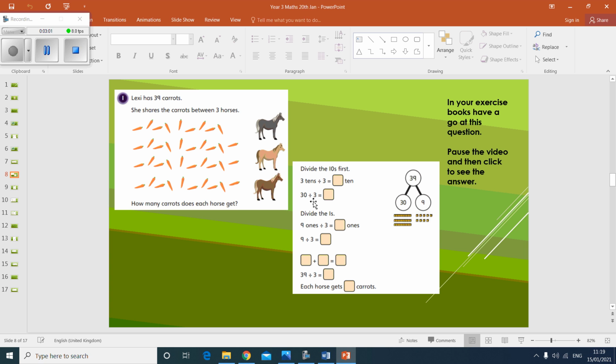So that's 30 divided by 3 equals how many? Then we're going to divide the 1s. So that's 9 1s divided by 3 is how many 1s? And then add the 2 answers together, which will give us the answer to 39 divided by 3 and tell us how many carrots each horse gets. Pause the video here and then we'll look through the answer.